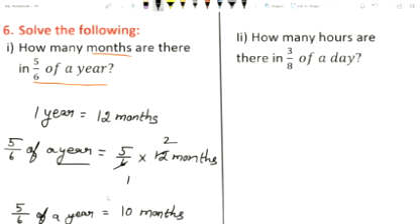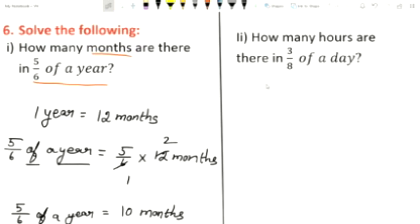Okay children, do you understand this? 5 by 6 of a year, 1 year equals 12 months. So 5 by 6 of a year equals 5 by 6, the of replaced by into. So divide this, 6 ones are 6, 6 twos are 12. Now 2 5s are 10 months. 5 by 6 of a year equals 10 months.